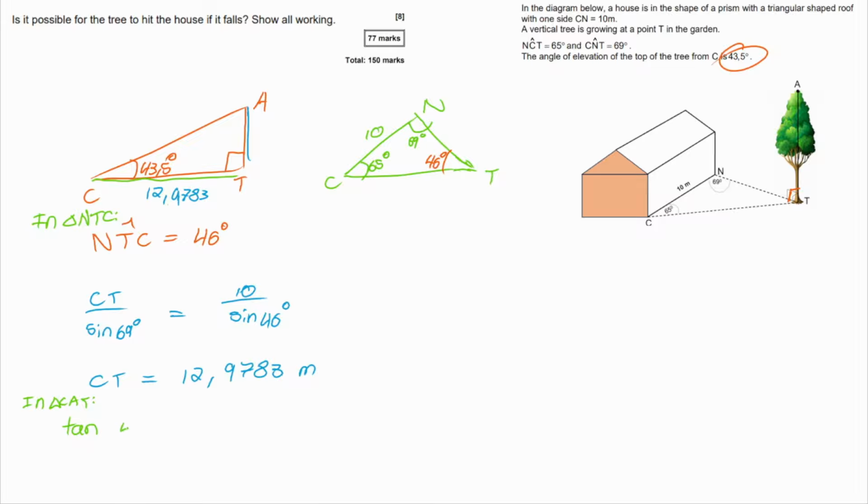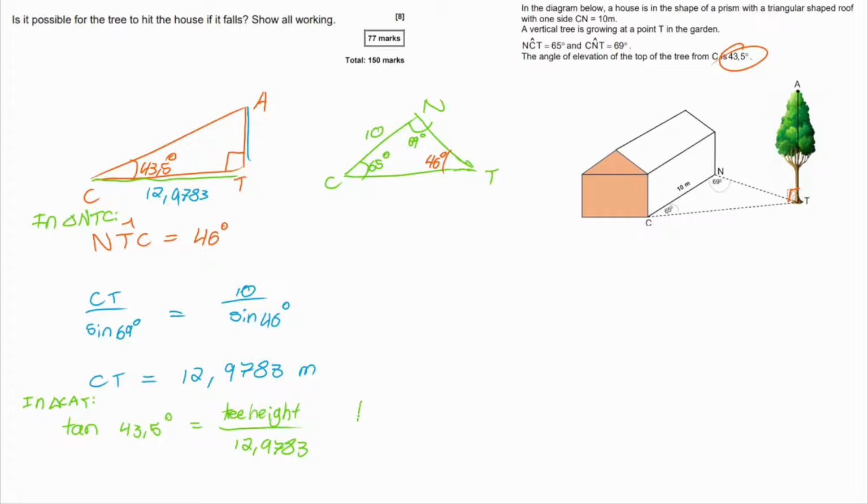So tan of 43.5 degrees is equal to the tree height, our opposite, over our adjacent, which is 12.9783.